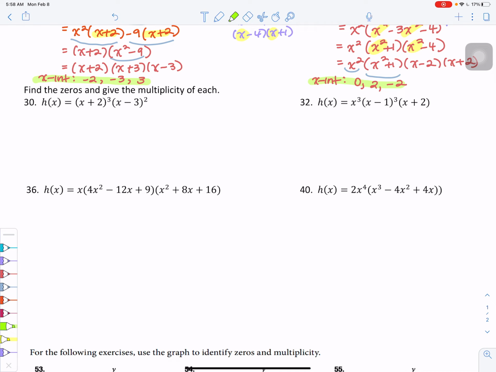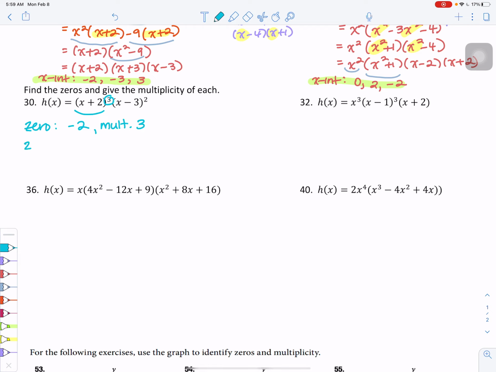Okay, so let's go ahead and go to number 30. We're going to talk about the zeros and give the multiplicity of each. So let's go ahead and first look at this 0. We have a 0 of -2, and that has multiplicity 3 due to this degree 3 term.